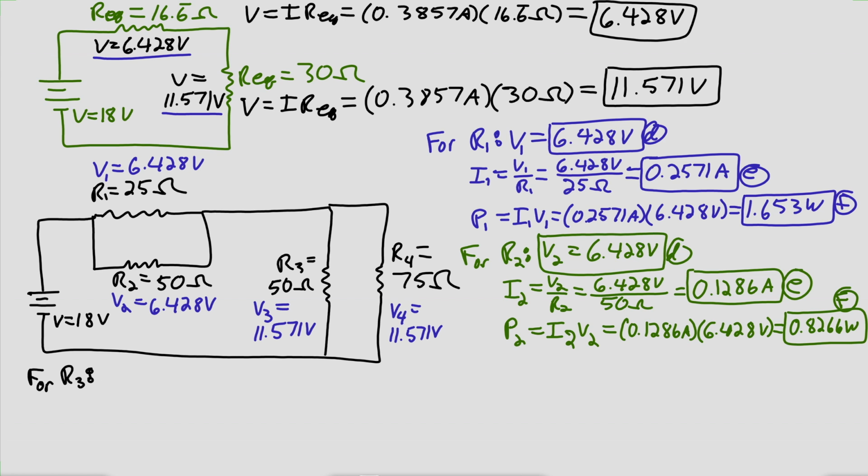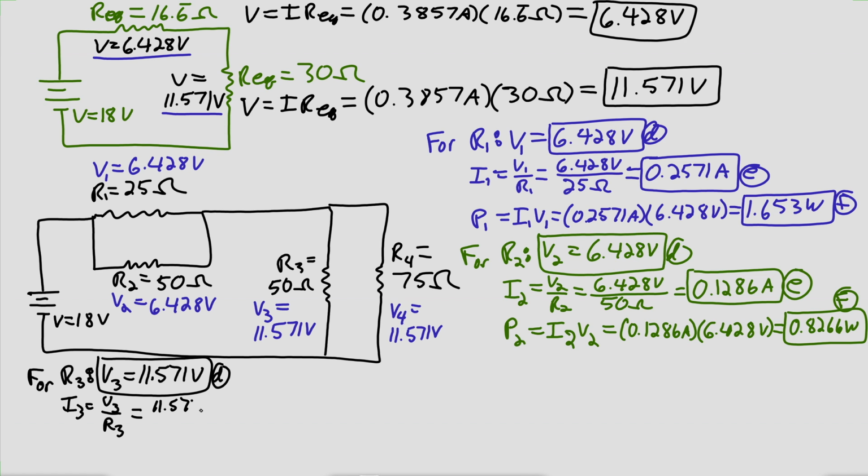For R3, we know that the voltage across R3, so V3, is 11.571 volts. And that is part of our answer for D. I3 is going to be V3 over R3.